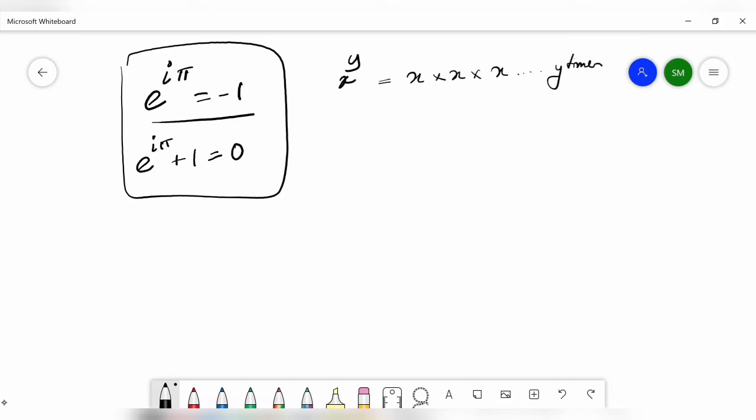It can be negative, it can be positive, but there's something interesting. If y is 0, that's a very specific case. For any x, if y is 0, we assume that it would be 1. So this is kind of a definition in mathematics.